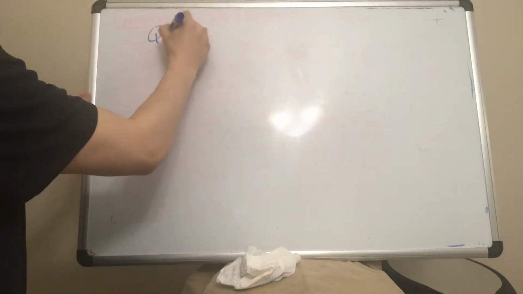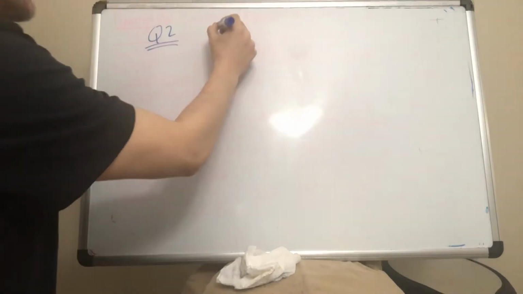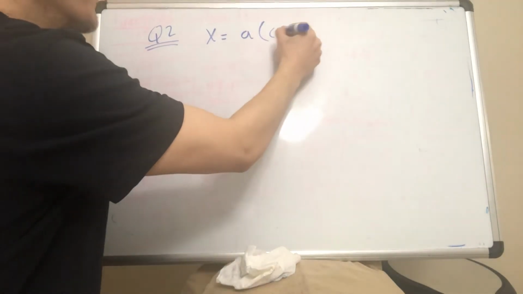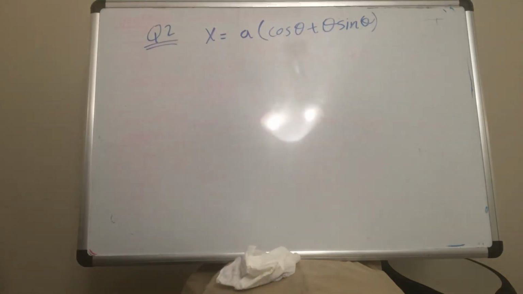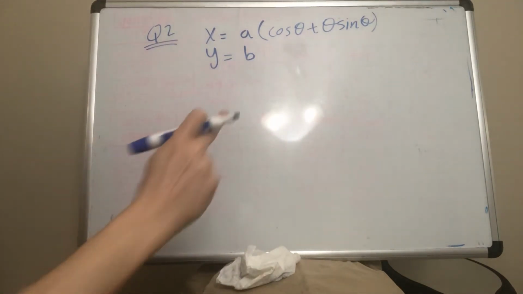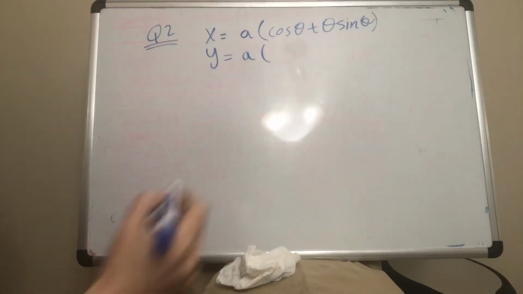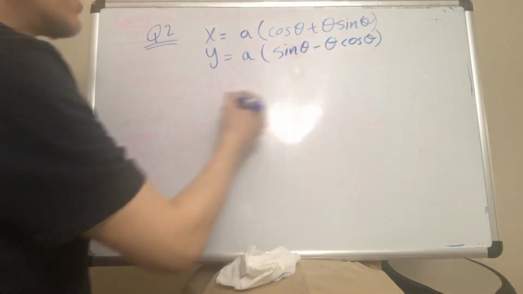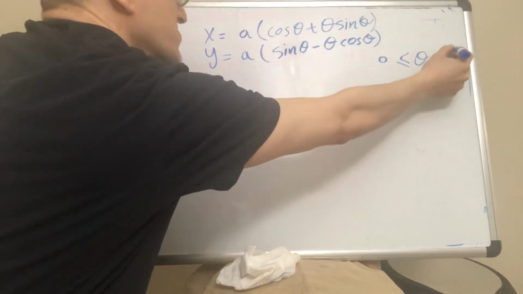Question 2 in the workshop: you have x equals a bracket cosine theta plus theta sine theta, and y equals a, also, sorry, sine theta minus theta cosine theta, theta between 0 and pi over 2.